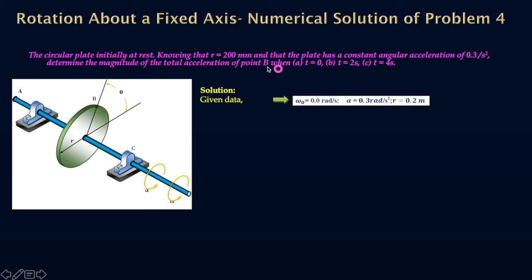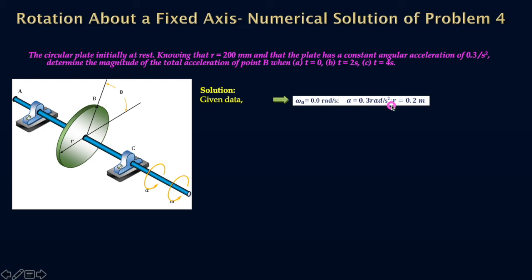The radius R of this disc is 200 millimeter or 0.2 meter, and during this motion there is a constant angular acceleration of 0.3 radian per second. It should be radian per second square.